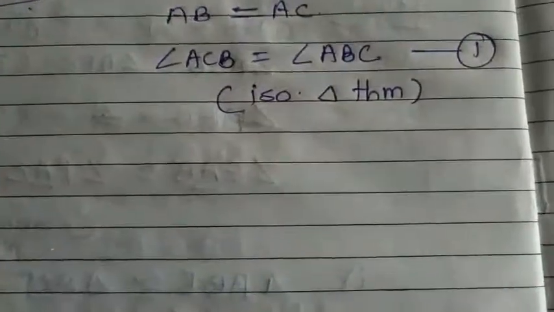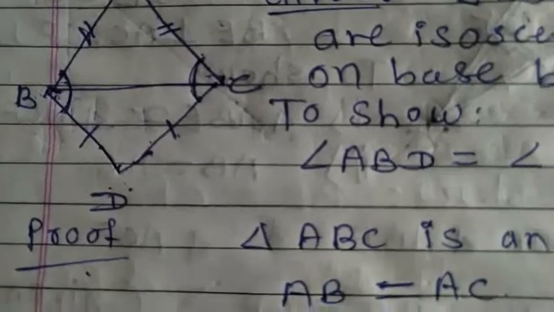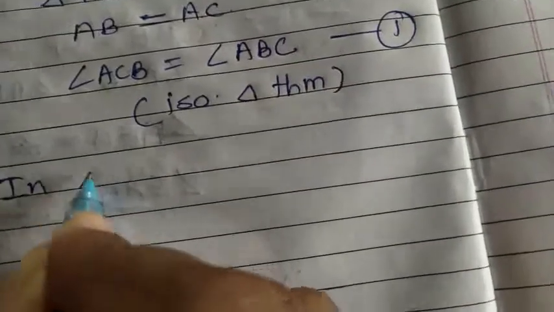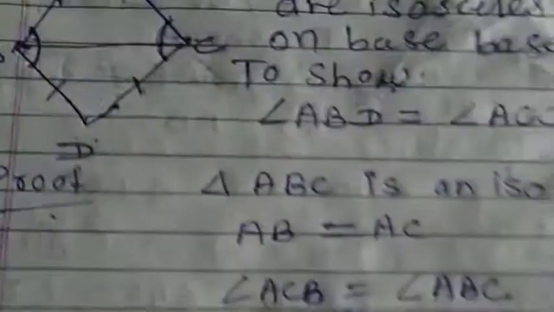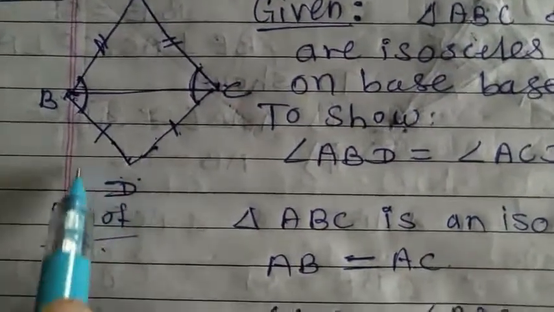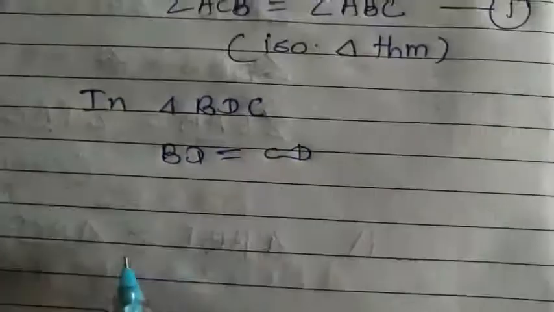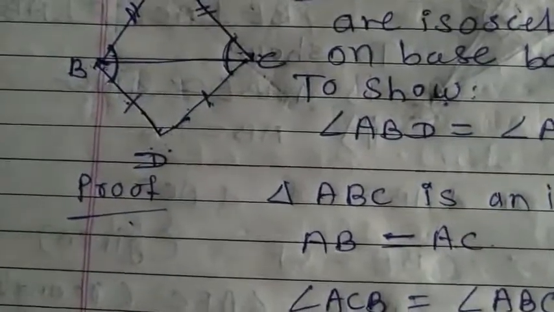Now similarly consider the second triangle. Second triangle is BDC. In triangle BDC, which two sides are equal? This side BD is equal to side CD. Now the opposite angles of these two sides.